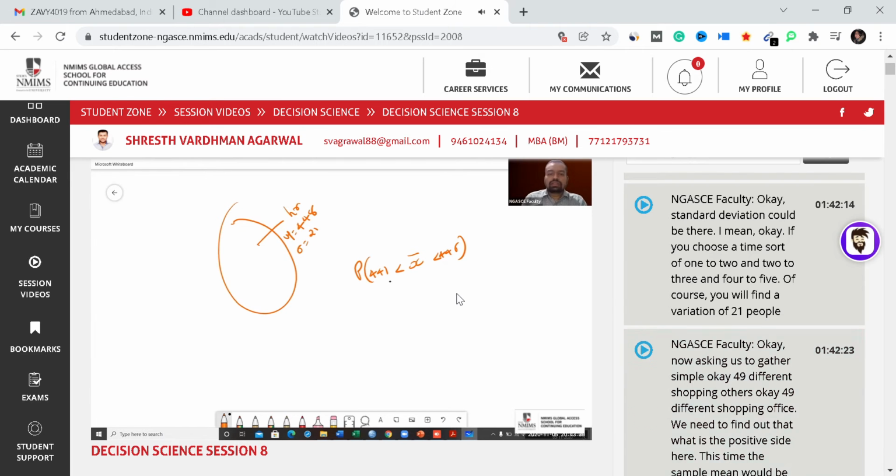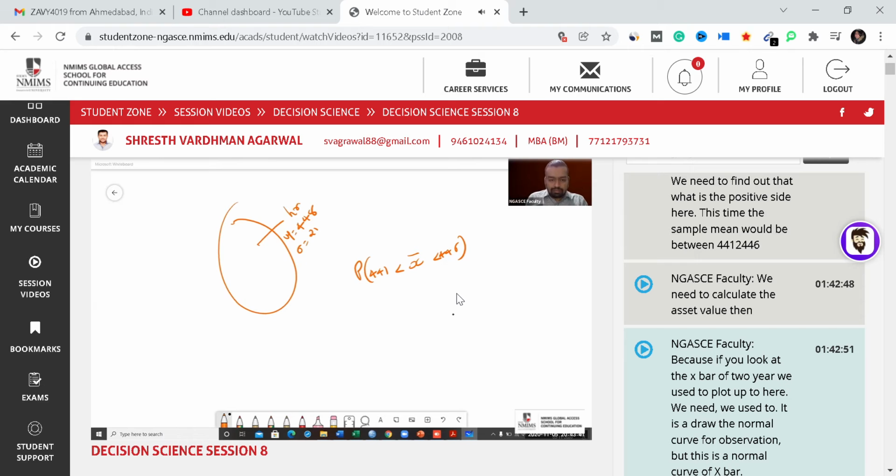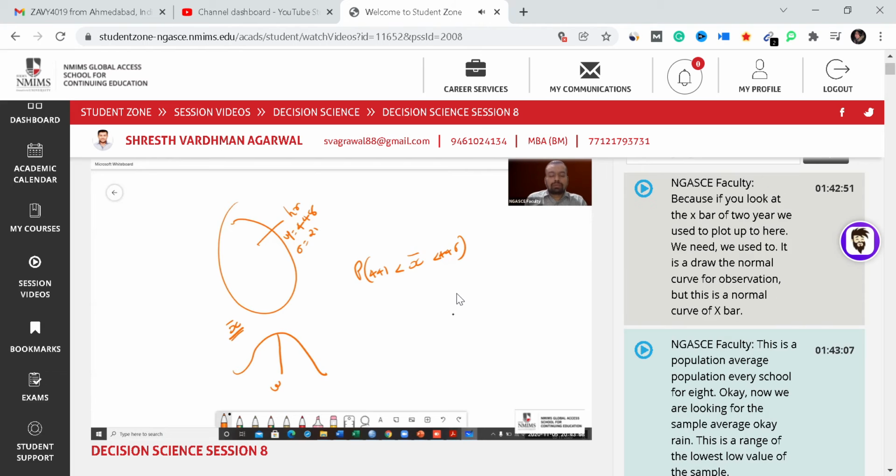We need to calculate the Z value, because if you look at the X bar, we used to at least draw the normal curve for observation, but this is a normal curve of X bar. This is the population average, 448.